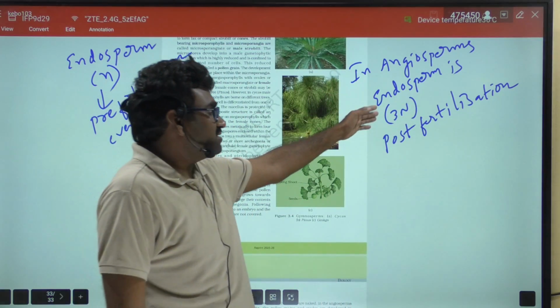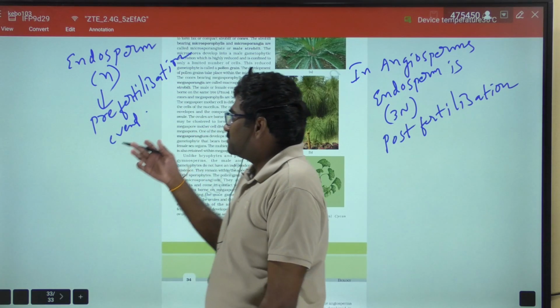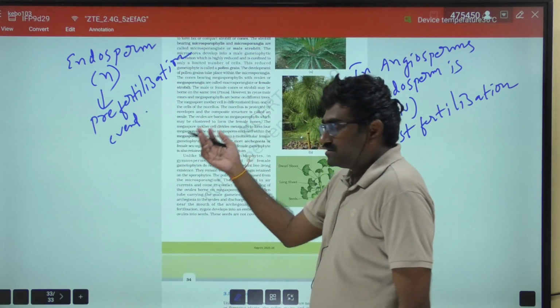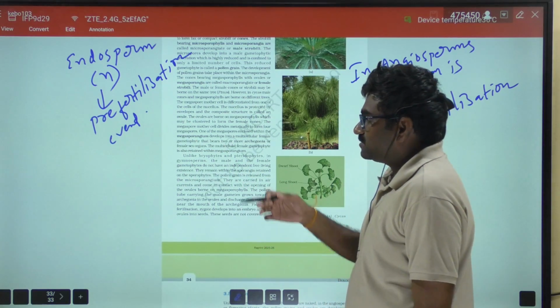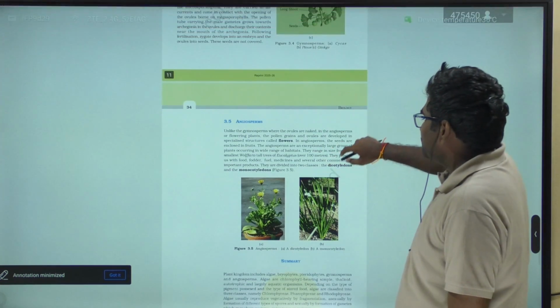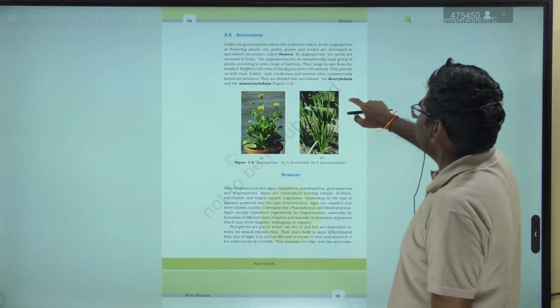It is a post-fertilization event. And in gymnosperms, it is haploid. It is a pre-fertilization structure. So it provides or nourishes the developing embryo. So this is about the gymnosperms.